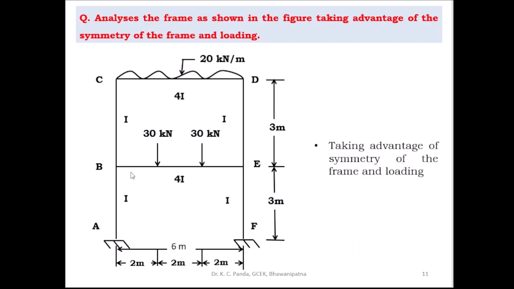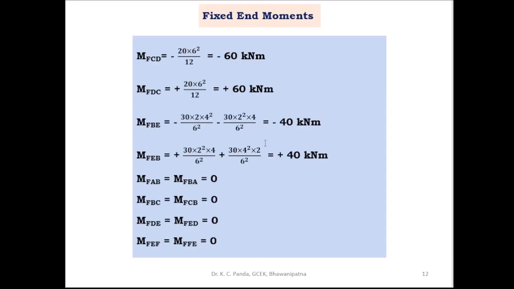Then on the horizontal member BE, there are two concentrated loads of 30 kilonewton and 30 kilonewton at a distance of 2 meter from either end. So here you find the fixed end moments MFBE and MFEB. MFBE is equal to minus 30 into 2 into 4 square by 6 square, minus 30 into 4 into 2 square by 6 square.